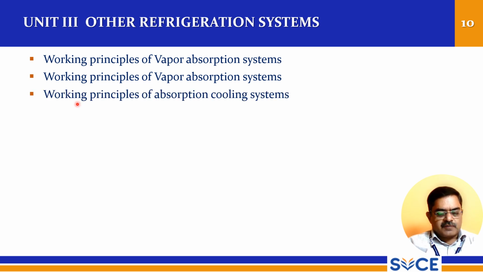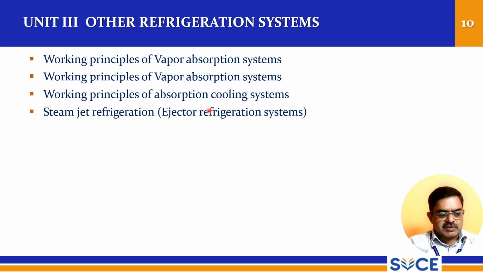After the second session, let us discuss the Electrolux refrigerator, which works based on the vapor absorption system. So I am going to take 3 sessions on vapor absorption systems, including the Electrolux refrigerator, and then the cooling systems we are going to see.